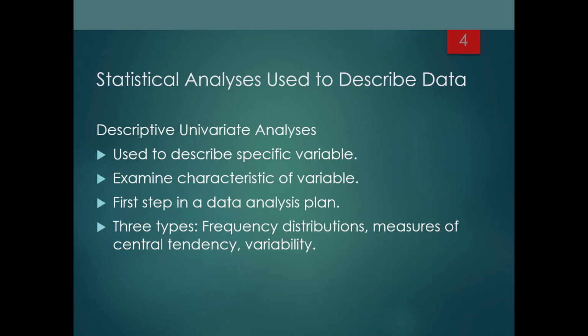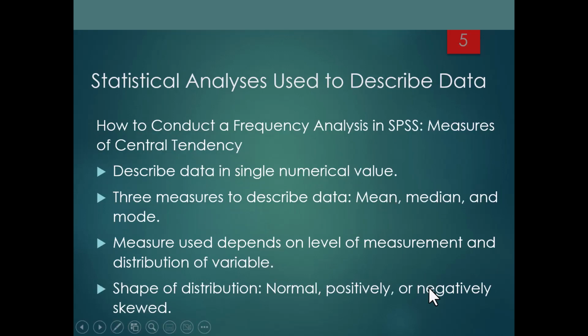So there are three types: frequency distributions, measures of central tendency, and variability. As you're writing up your data analysis part of your paper for this semester, descriptive data analysis will be used to describe your sample.